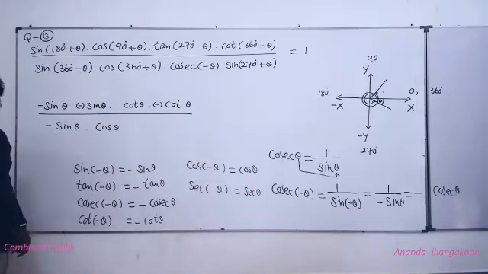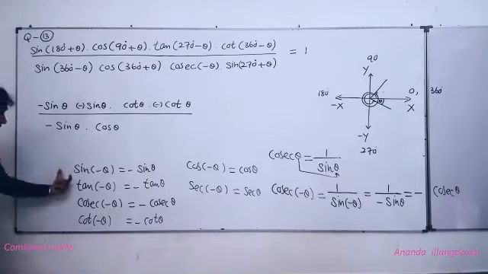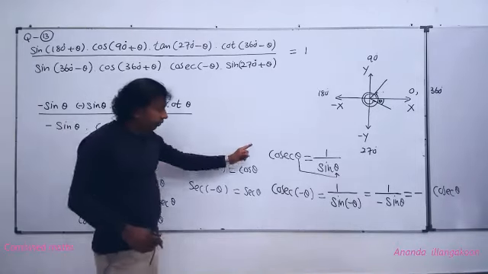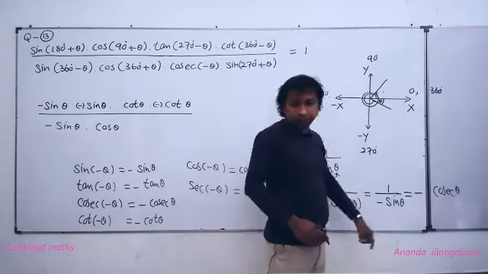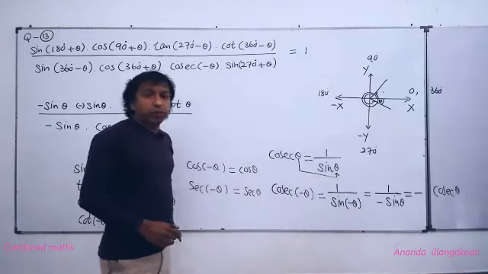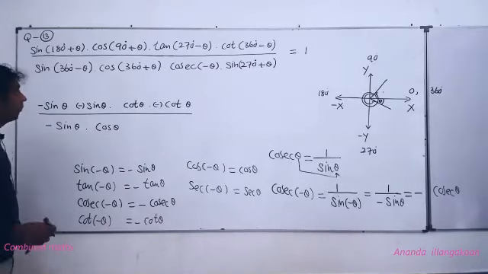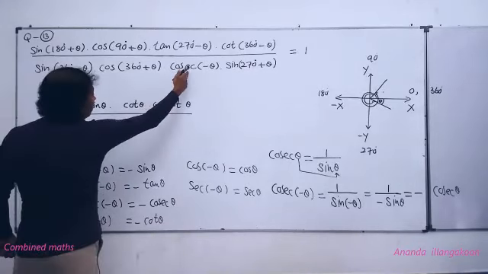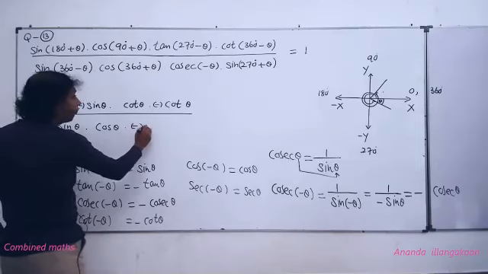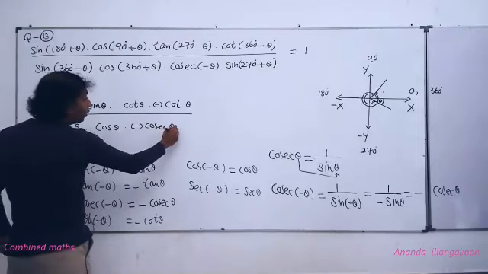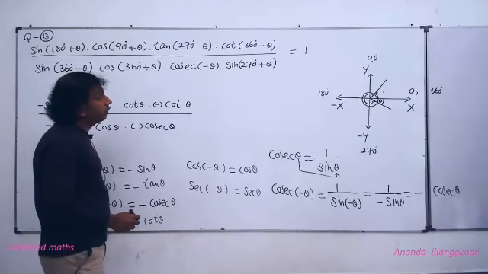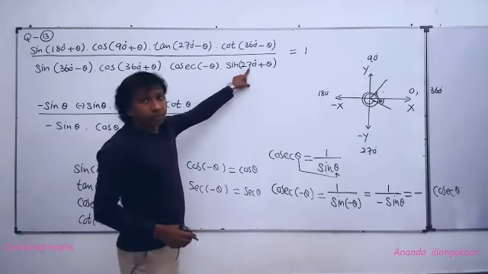Okay. So remember, if you suddenly forget this result, you can derive it by writing in detail like this. It is not necessary to learn these results by heart. This cosec and cot, you can obtain them that way. So here, cosec minus theta, you can write as minus cosec theta, sine 270 plus theta. See here, 270 is on the y-axis.